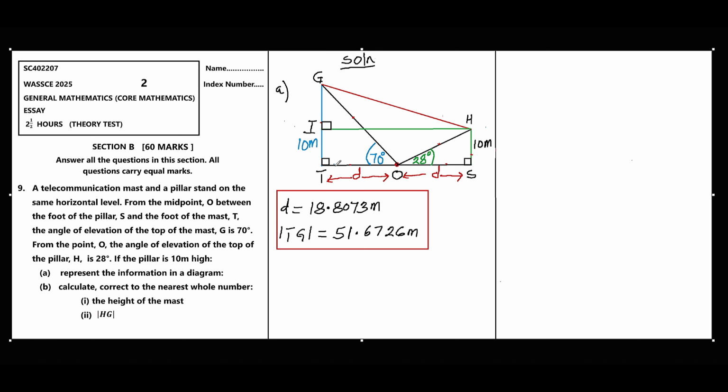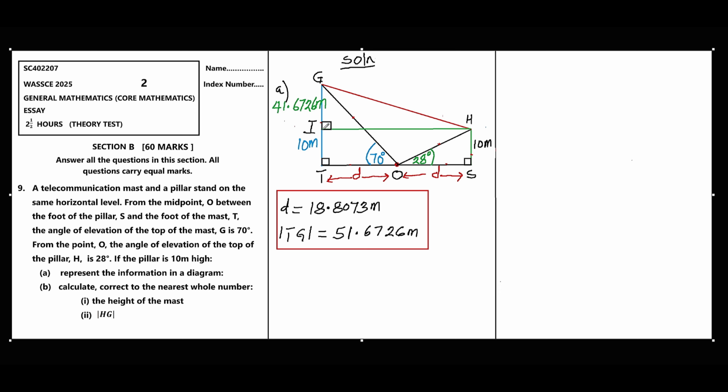So you are going to subtract 10 meters from 51.6726 meters. And when we do that, that will give us 41.6726 meters. So that is the height of line IG.